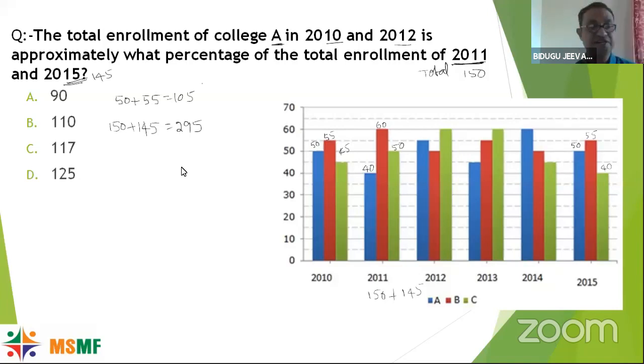Now, what I said here, I calculated, right, the values of these 50 and 55. This is college A in 2010, A in 2012. This is A, right, in 2011 total, right? Is it clear to you?